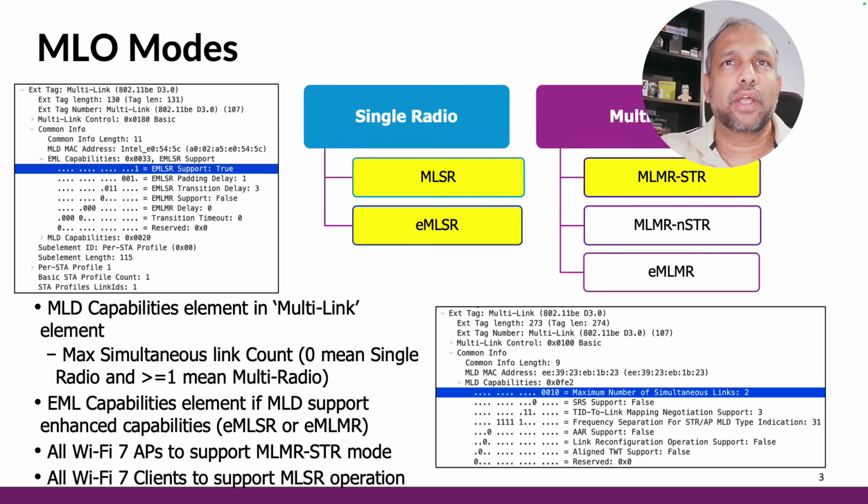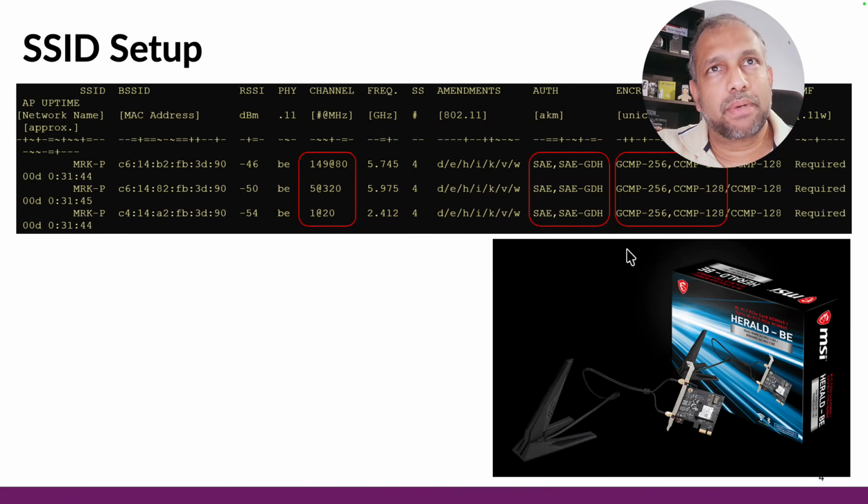As I said, we will probably do a separate video to go into the individual modes and see how the traffic flows in each of these 3 main types of modes. But for this particular example, I have a Meraki setup.